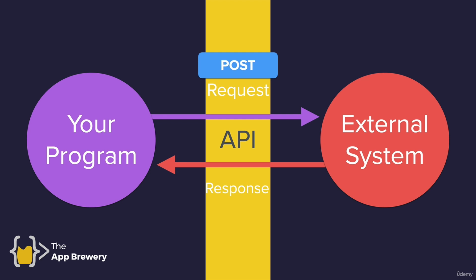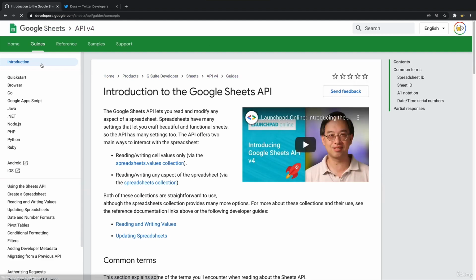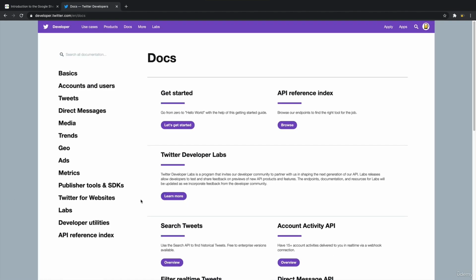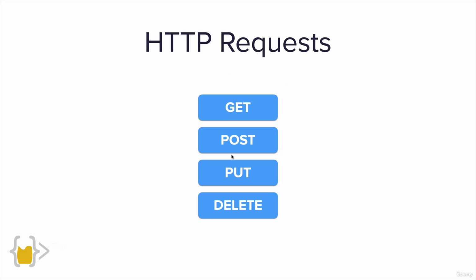For example, if you wanted to save a piece of data in Google Sheets, then you might use the Google Sheets API to post your data into your Google Sheet. Or maybe you want to use the Twitter API to post a tweet. Then your program is going to send your tweet through a post request to the Twitter API. So that's how GET and POST works.